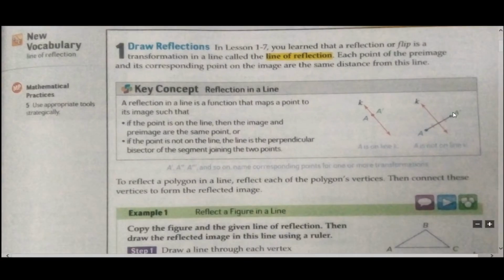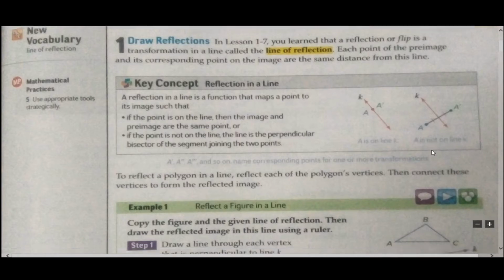If you notice, our image and our pre-image are going to have the line of reflection as a perpendicular bisector. So remember, perpendicular bisector is going to be equal distances to the line, and the slope should be perpendicular.